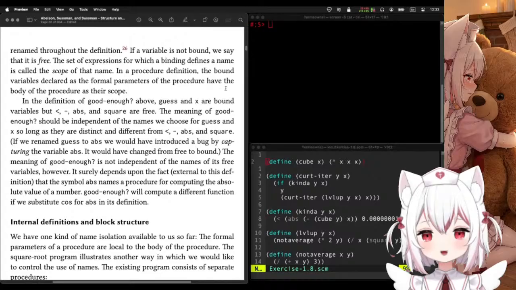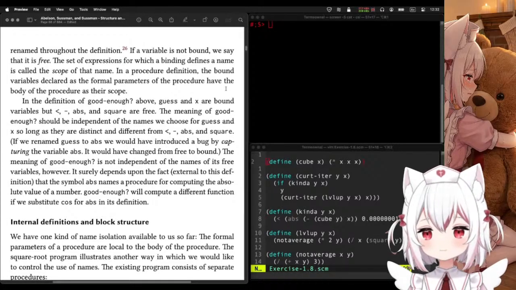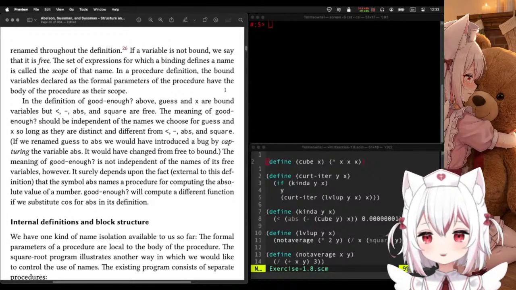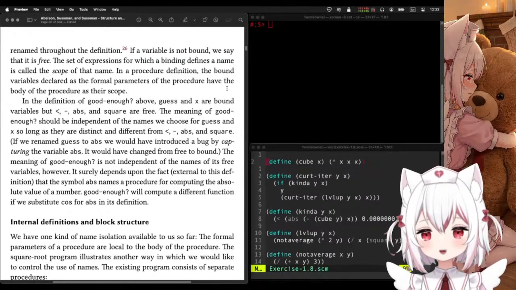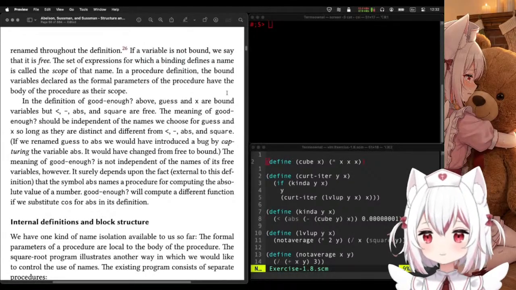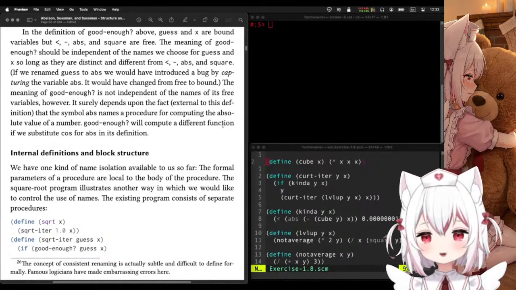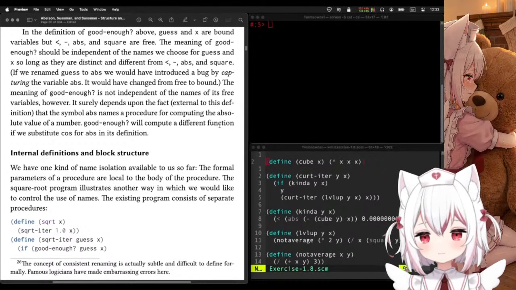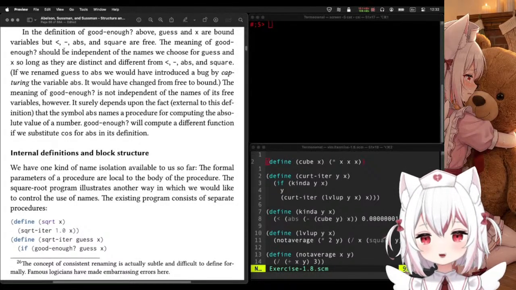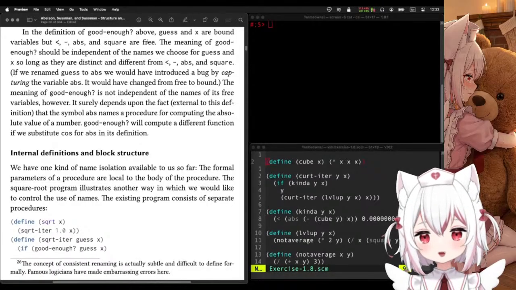In a procedure definition, the bound variables declared as the formal parameters of the procedure have the body of the procedure as their scope. In the definition of good enough above, guess and x are bound variables, but less than, minus, absolute, and square are free.